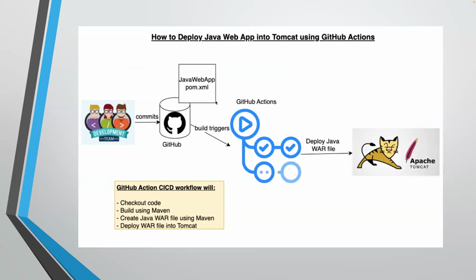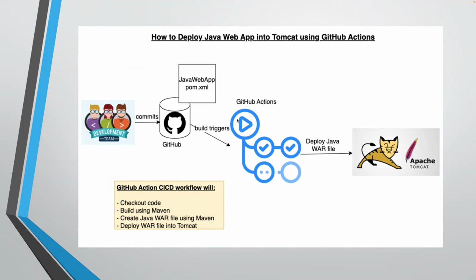We are going to check out the code from GitHub, build using Maven, and create a Java war file using Maven. Then we are going to deploy the Java web application inside the Tomcat web container. So we are going to completely automate the build as well as deployment in this simple workflow.